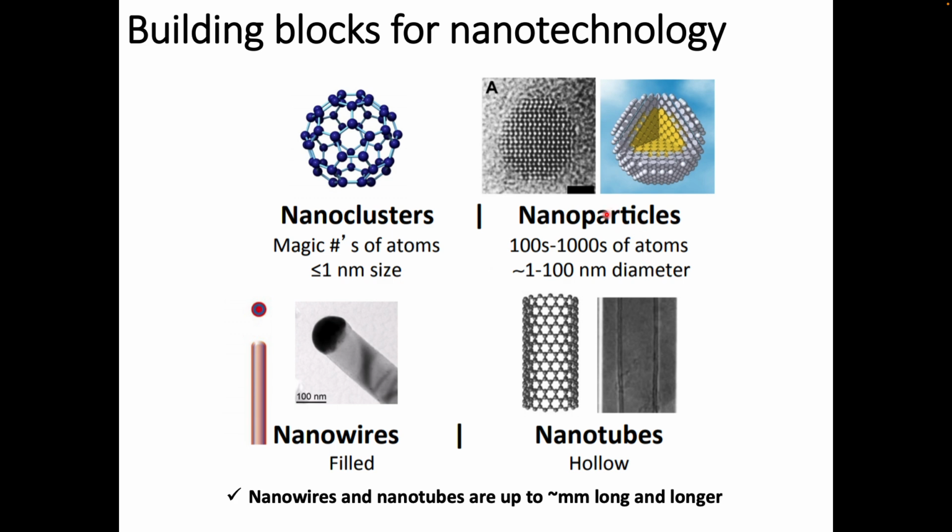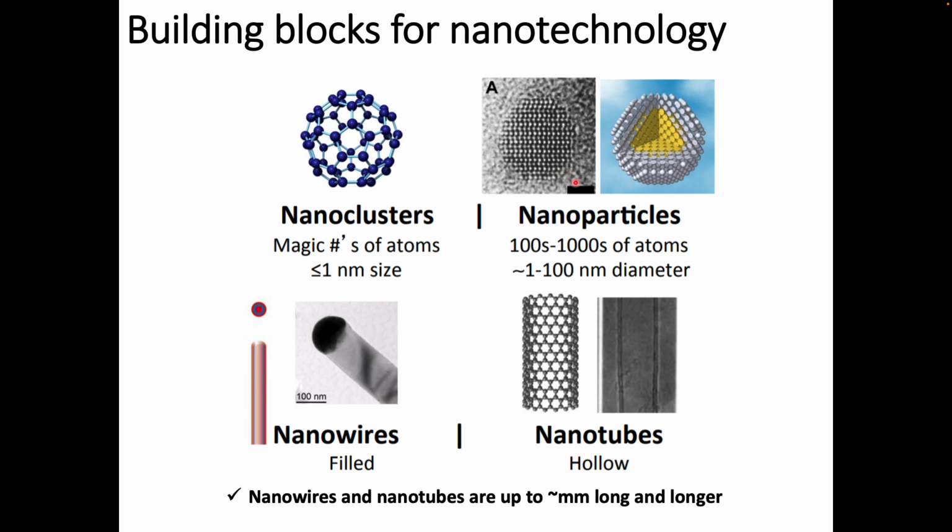Another type of building block is nanoparticles. In this case, the diameter ranges from 1 to 100 nanometers. This is a TEM image, transmission electron microscopy. Do you see these individual dots?